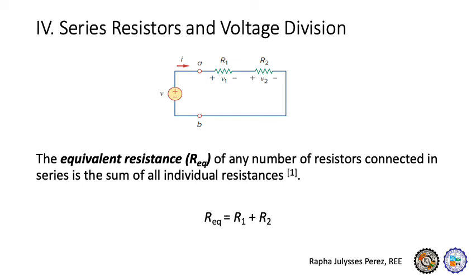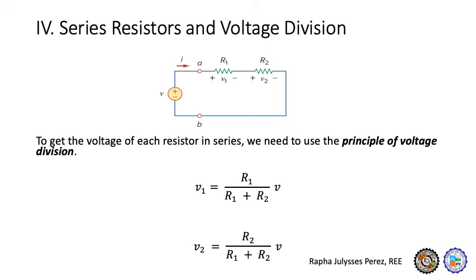So that's very straightforward. In a series circuit, if the resistors are in series, their equivalent resistance would just be the simple sum of these resistances. However, in order to get the voltage of each resistor in series, we need to use the principle of voltage division.